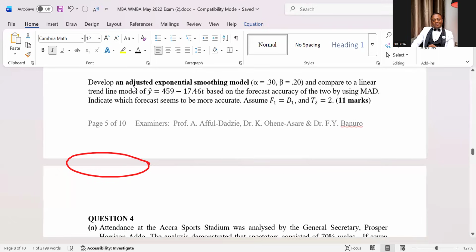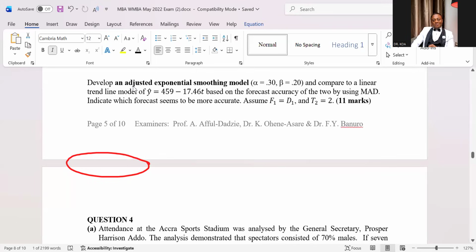So the question was given to you that T2 is 2. What does that mean? He's saying that T2 is 2 means that you got to start your adjusted exponential smoothing forecast from which period?